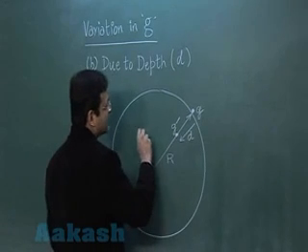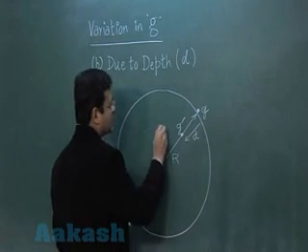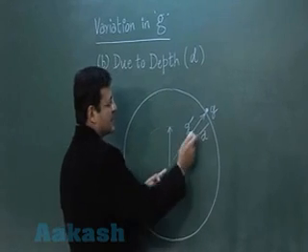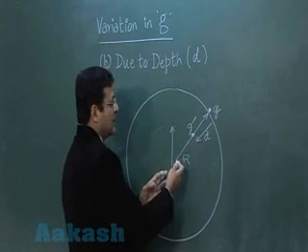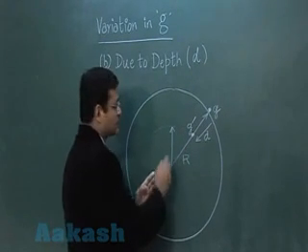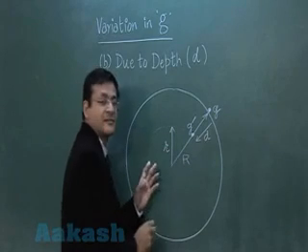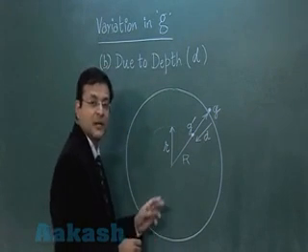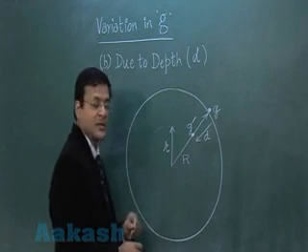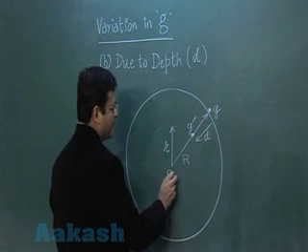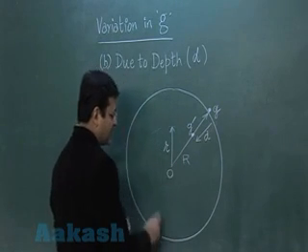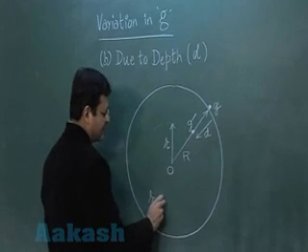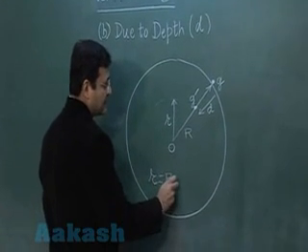For that matter, if you consider the distance of this point from the center, it will be indicated as small r. Small r is all the time used as the distance from the center of the earth, O. And here you can understand that small r is basically capital R minus d.